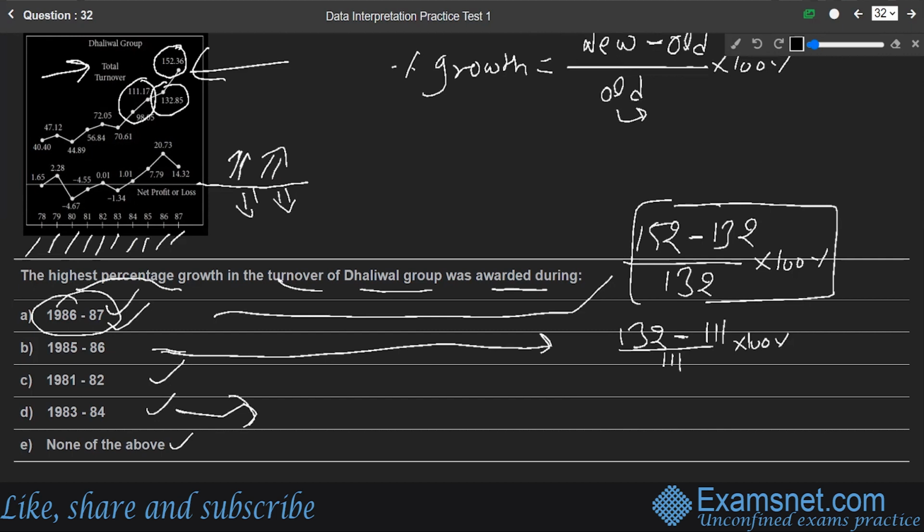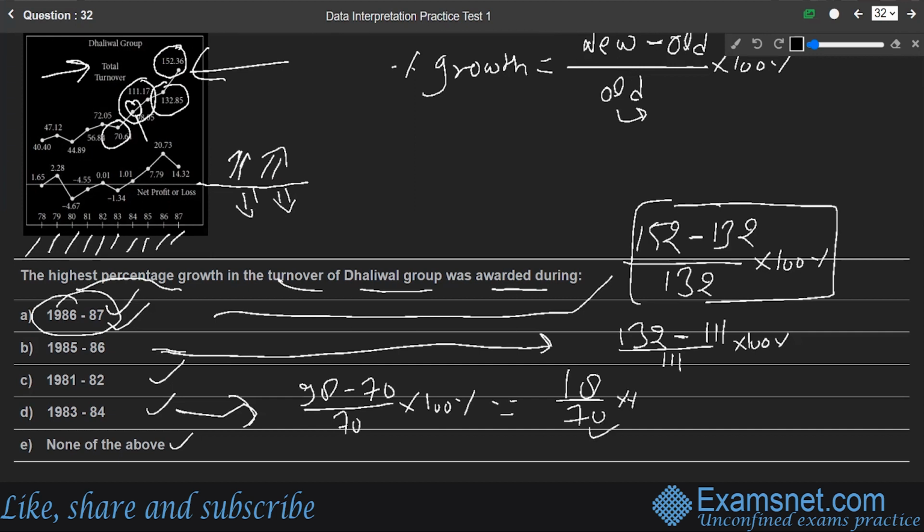So let us check one more, for 83 and 84, so that things become more clear. The 83 value is 70, the older value, we can see it here, and for 84 the value is 98. So the percentage growth becomes 98 minus 70 divided by 70 into 100%, which is coming out to be 28 by 70 into 100%.